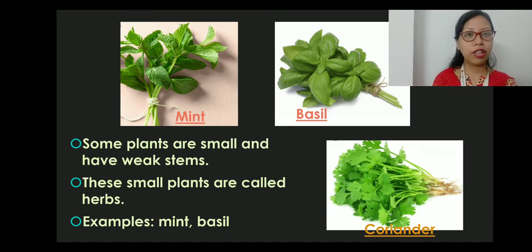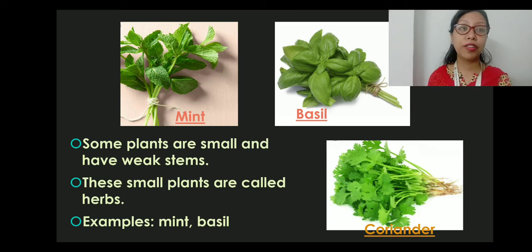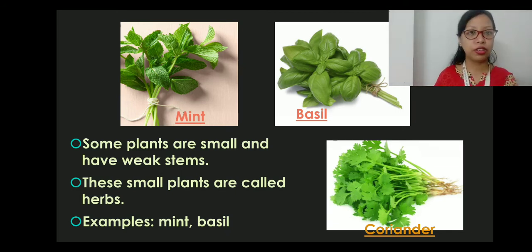Now I'm not going to talk about mint and basil. Coriander is one of the famous herbs that you can find in every Indian household, right? You have seen the coriander, the dhania patta, right? If you have noticed, when your father or mother bought this coriander from the market, just look at the stem.